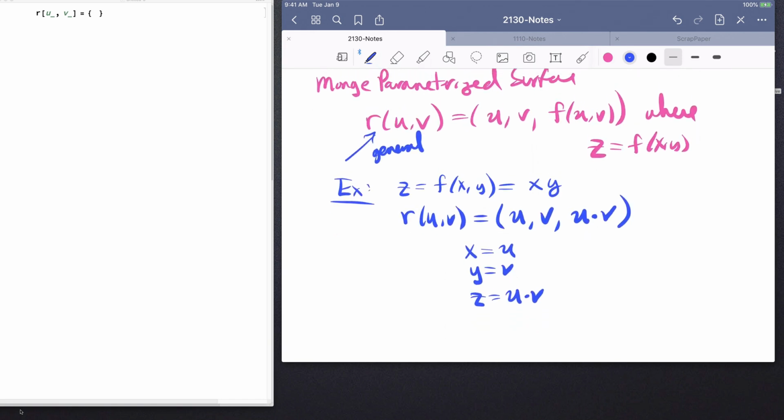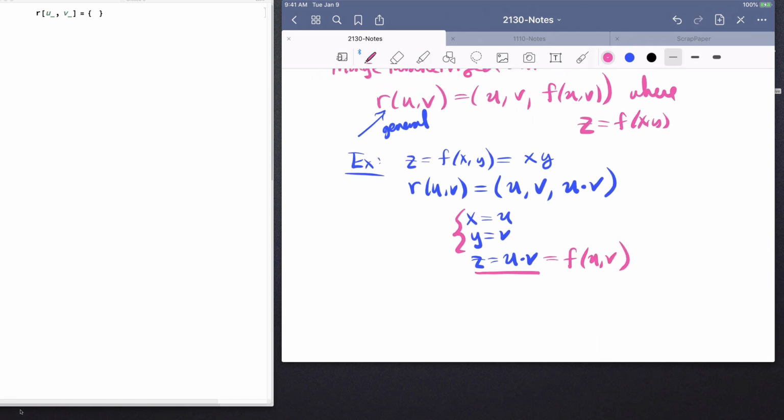Where we have x, y, and z as functions of u and v, that is what we are calling a parameterized surface. Specifically, when x is equal to u and y is equal to v, and then z is equal to the function of x and y, this is an example of a Monge parameterized surface.